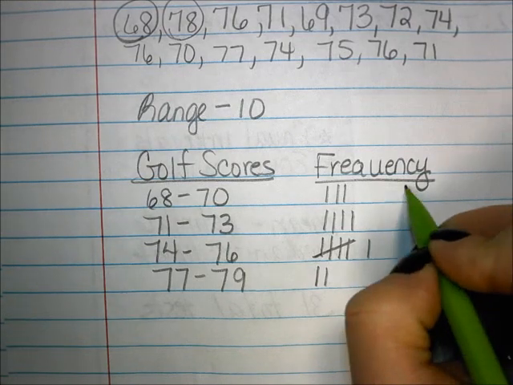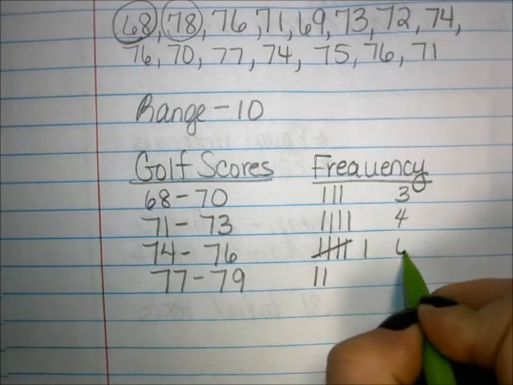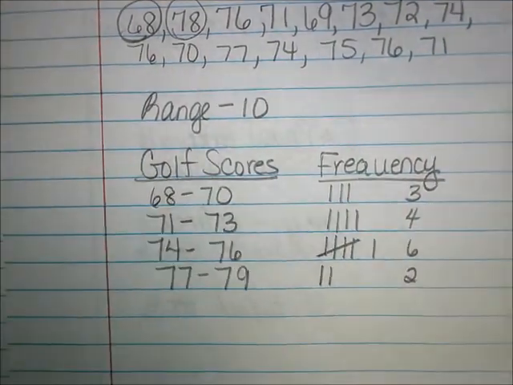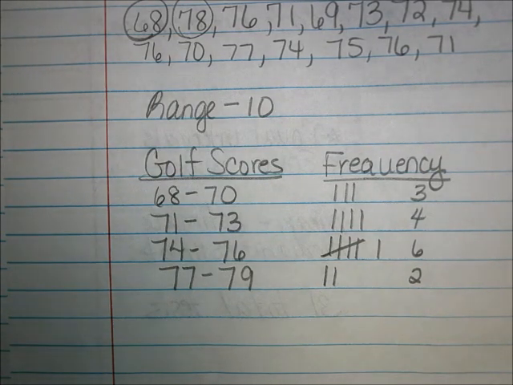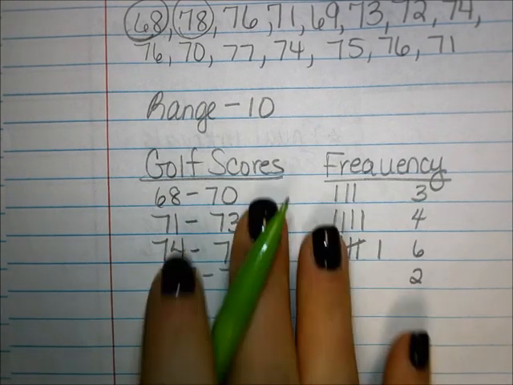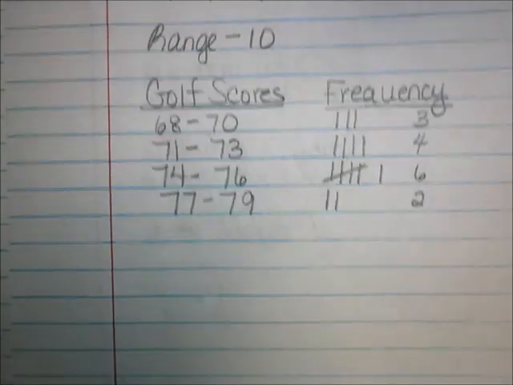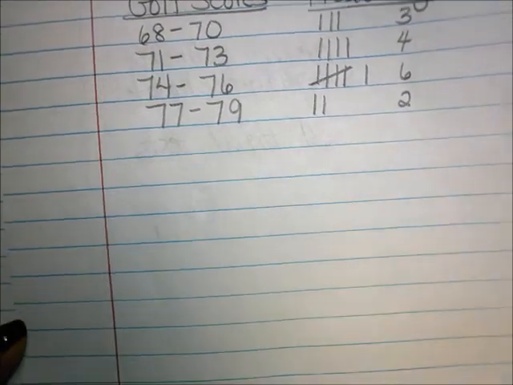So this is a frequency of 3, 4, 6, 2. Now we still have to make the histogram, right? This is just information to help organize us so that we can make our histogram efficiently.